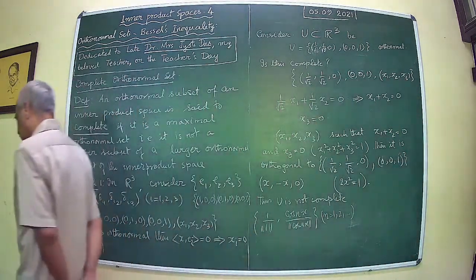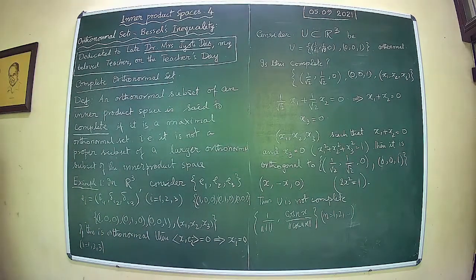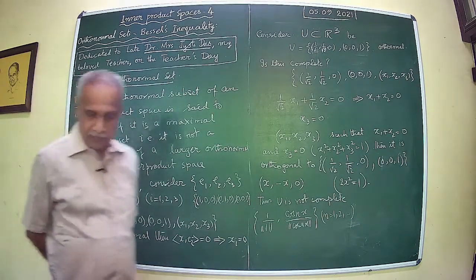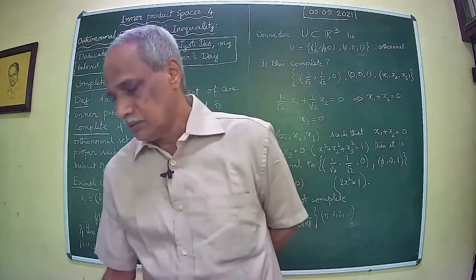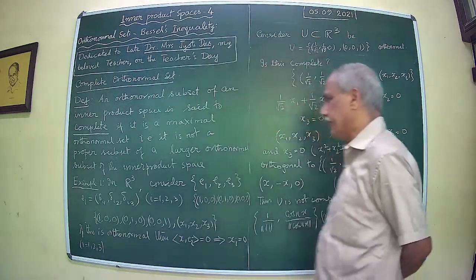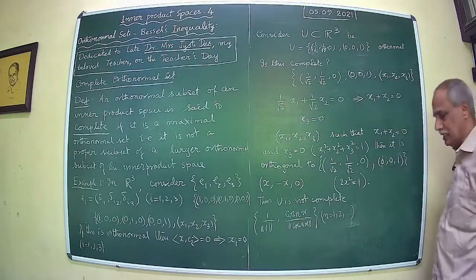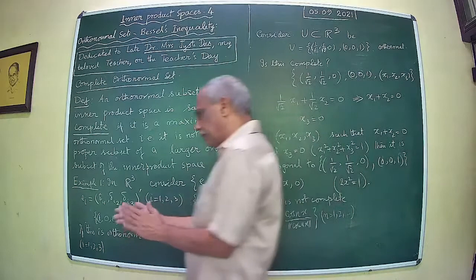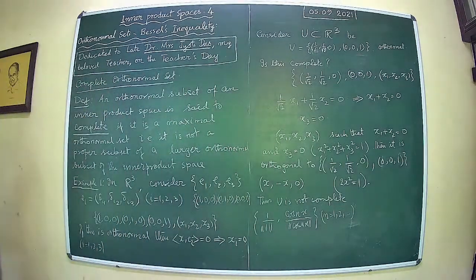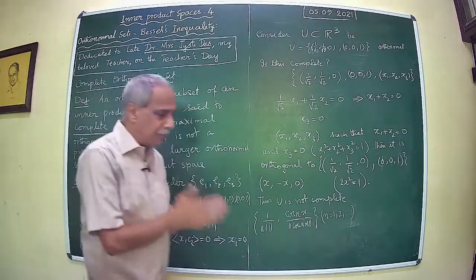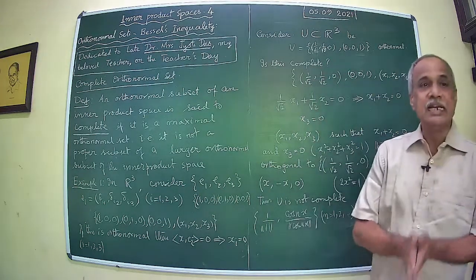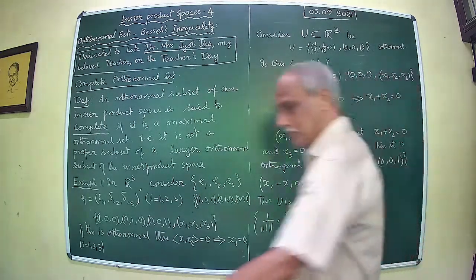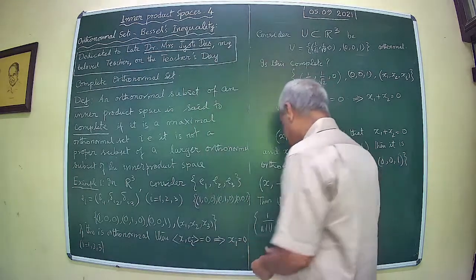So what is the advantage of having complete orthonormal sets? Now you see, as I said, in an inner product space there may be several orthonormal sets. Now you see that every complete orthonormal set is linearly independent. That's obvious.